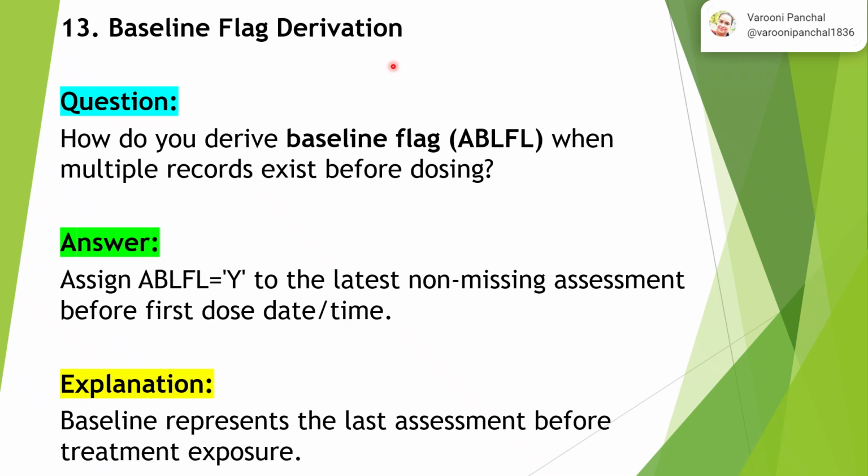Number 13. Baseline flag derivation. How do you derive baseline flag ABLFL when multiple records exist before dosing? You can assign ABLFL equal to Y to the latest non-missing assessment before first dose date and time. Baseline represents the last assessment before treatment exposure.